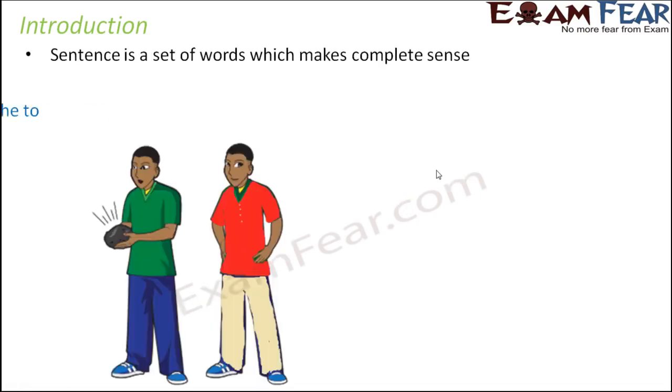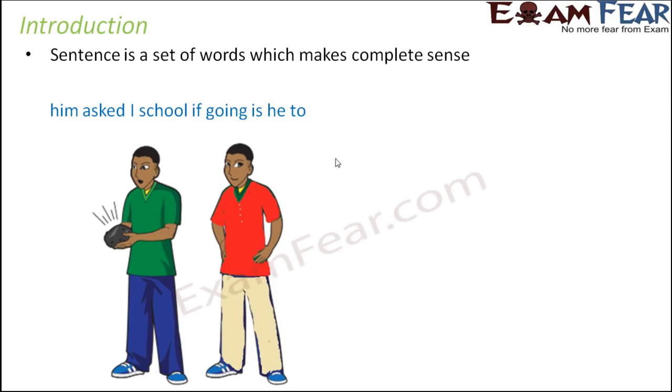So if we look at one more example, here we are given a group of words. We see two boys here and the words given are: him asked I school, if going is he too. Even after looking at this picture, I think you will not be able to guess what it means. Even though this is a group of words, they do not make any sense.